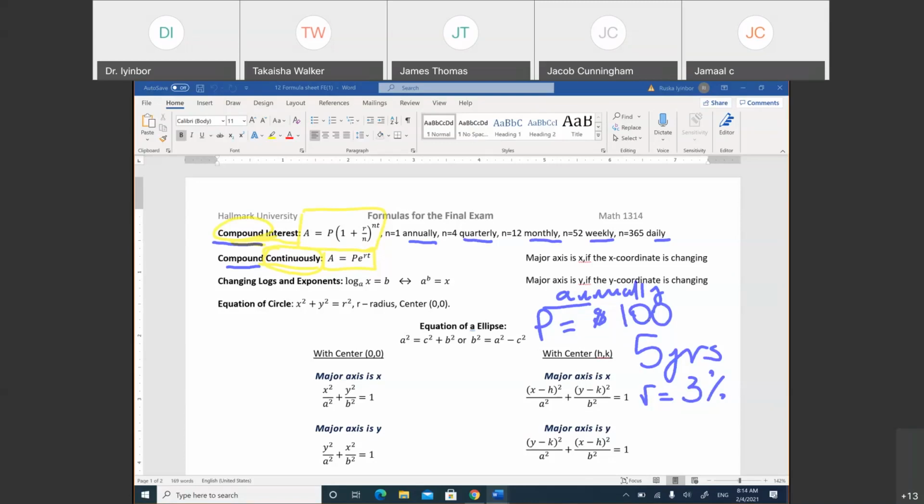Does everybody understand that? That means your investment is going to be bigger. The amount you receive is going to be bigger than if you invest with simple interest. Simple interest is just putting your money in the bank for 5 years.